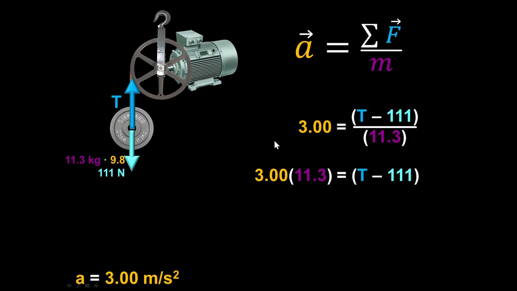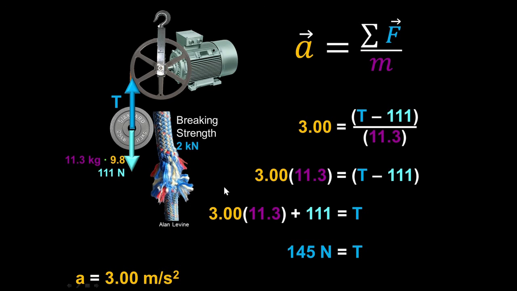Multiply both sides by 11.3, and I can get an answer there. Still trying to get the tension by itself, I add 111 to both sides, and then I can find the tension. And the tension is 145 newtons would accelerate that mass up at 3 meters per second squared.